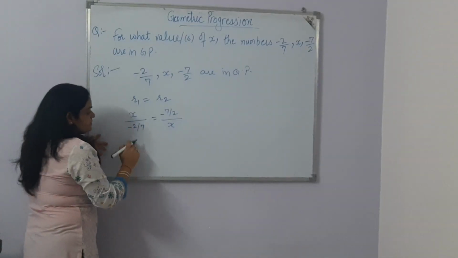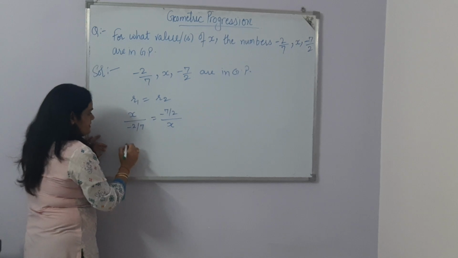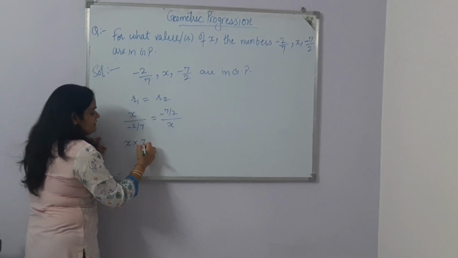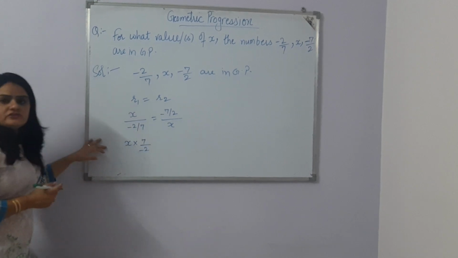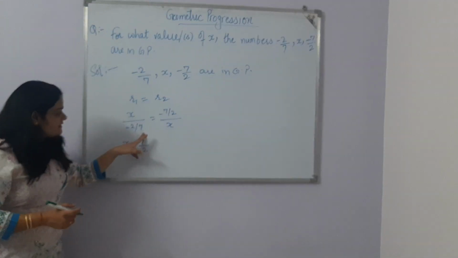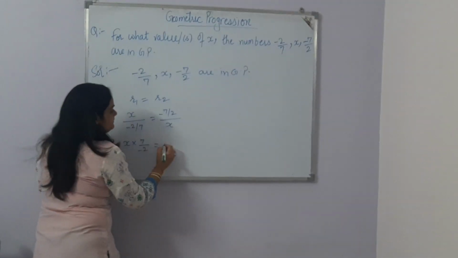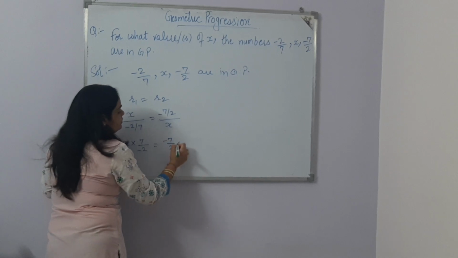Division by -2/7 becomes multiplication by the reciprocal, so it becomes -7/2.